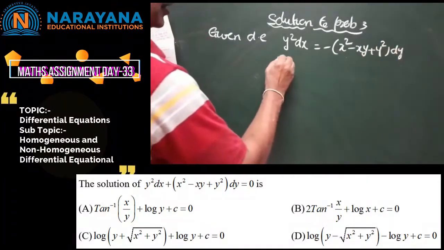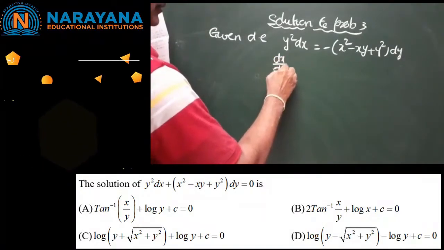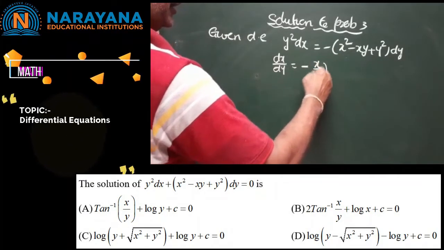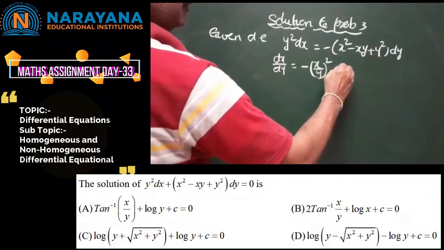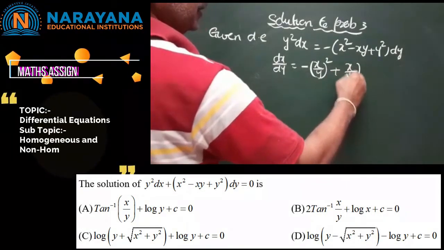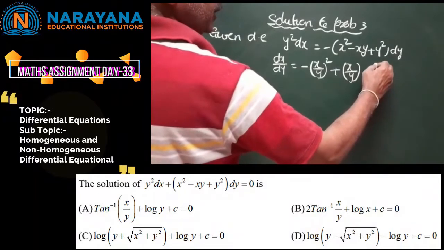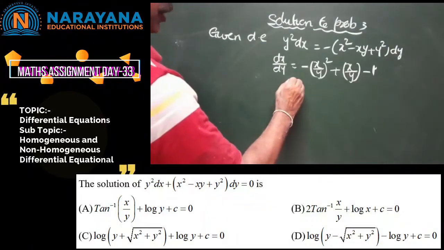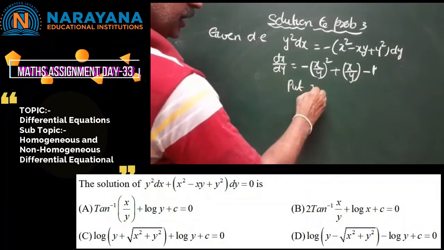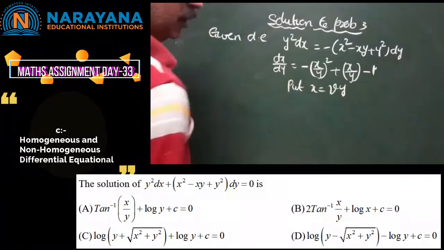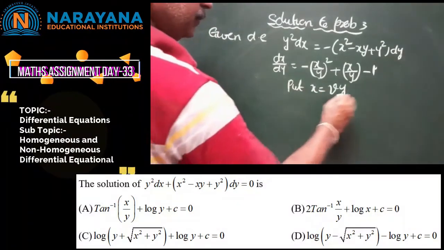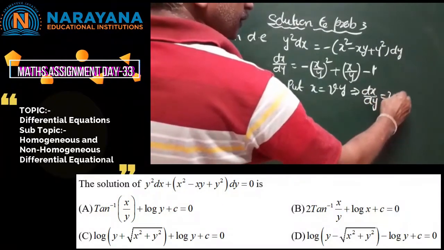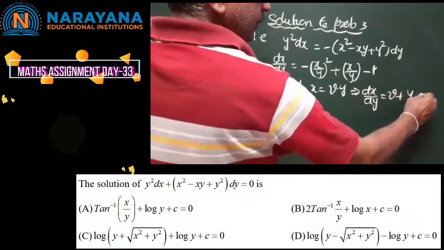Now we write the differential equation in the form of dx by dy is equal to minus x square by y square, which can be written as (x by y) whole square, minus of minus plus xy by y square, which can be written as x by y, minus y square, and y square get cancelled. Here we take the substitution x equal to vy. If you take the substitution x equal to vy, you get dx by dy equal to v plus y dv by dy.